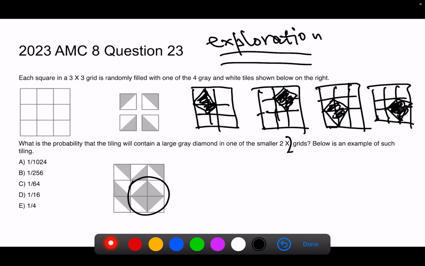Because 2x2, there are only four ways for you to find a 2x2 grid in a 3x3 grid. And more than that, all those four cases cannot overlap with each other, meaning there's no double counting.